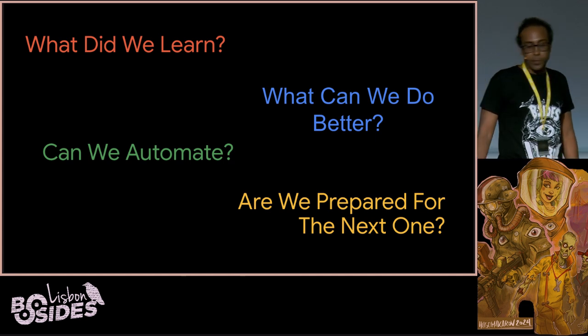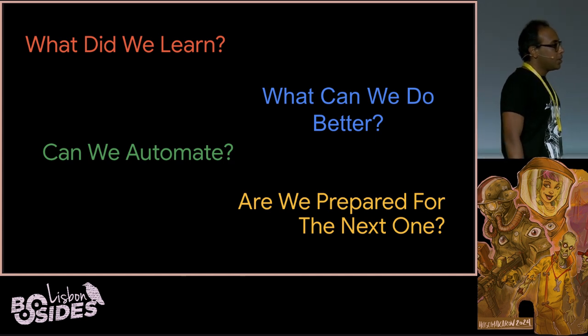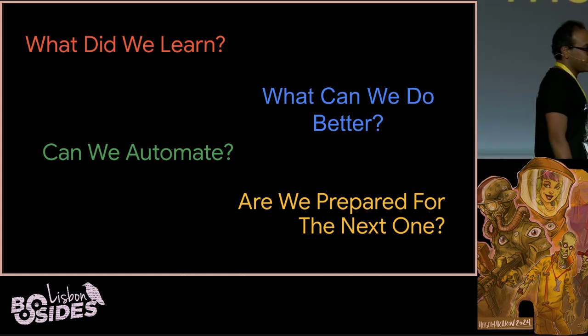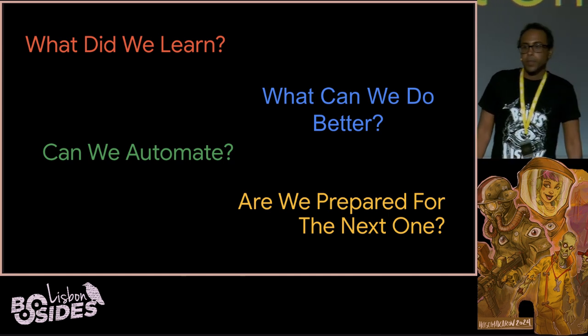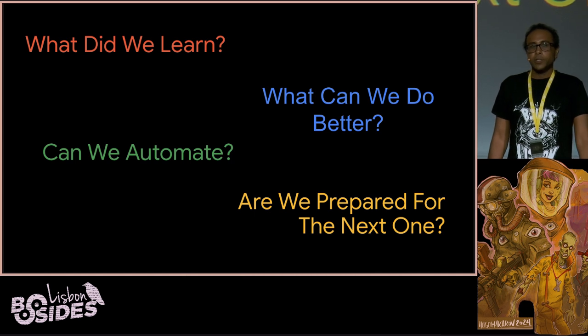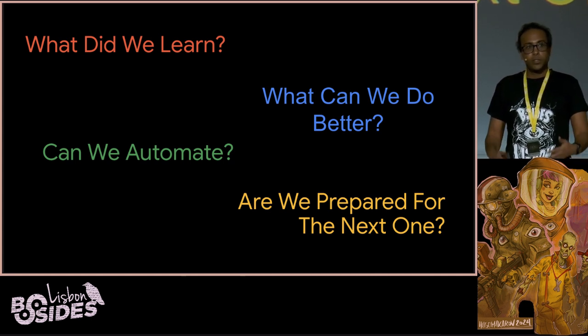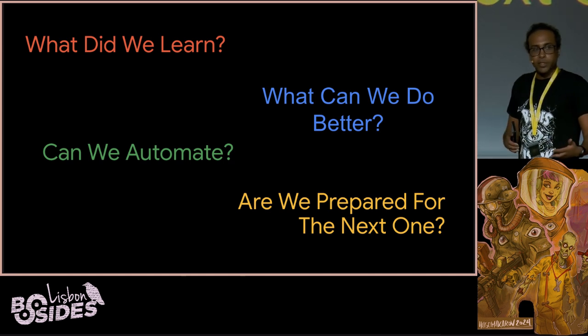What can we do better? It's always better to automate things so you don't actually have to do things by hand or on the fly during an incident. And it's very difficult to do this. We still did a little bit of let's just do this now for the first time kind of stuff during the incident.